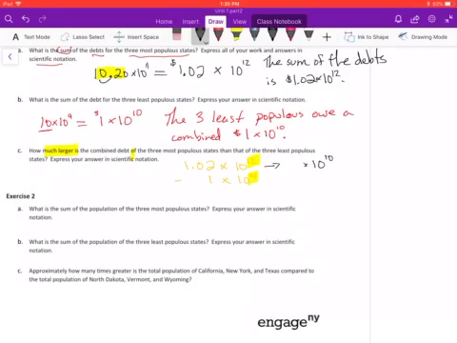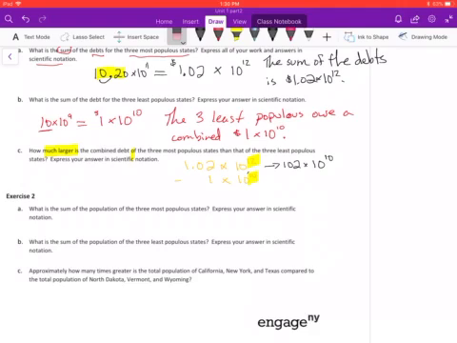And this is really 10 to the 10th times 10 to the 2nd is 10 to the 12th. And 10 to the 2nd is really 100. So I do 100 times 1.02 gives me 102. And I can get rid of that times 10 to the 10th.